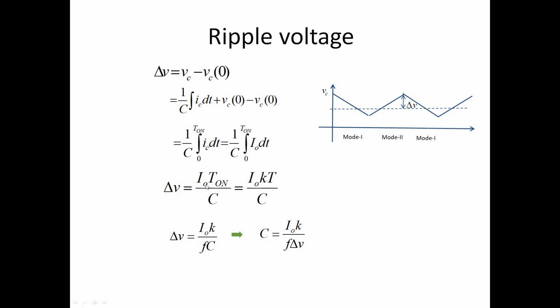So del Vc is equal to I naught T on by C. Substituting for T on as KT, we get del V is equal to I naught KT by C, which in turn can be written as del V is equal to I naught K by FC. From this, we can also get the expression for C as I naught K by F into del V.